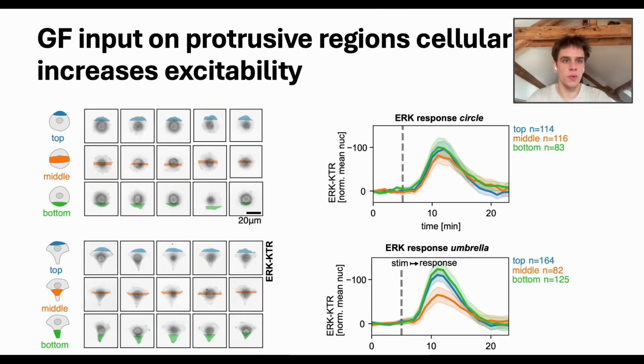So in this specific experiment, what was interesting to see is that on the control shapes, where we don't expect a difference, we really get the same response from stimulating at the top and the bottom. But in the cells that have this shape mimicking migrating cells, when we stimulate the top or the bottom where we see small cellular protrusions, we get a much higher ERK response if we input the optogenetic growth factor input.